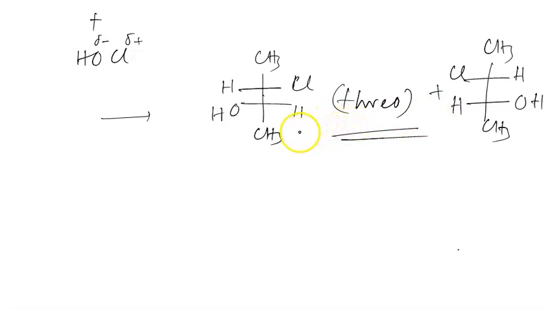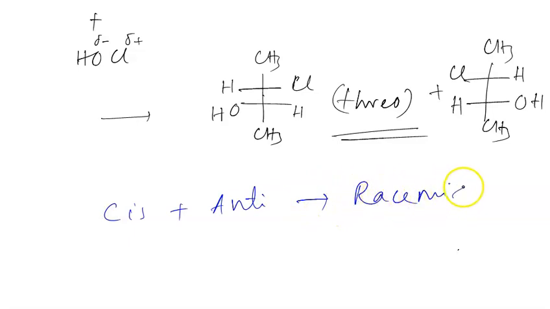You can easily understand. So in this way, if our alkene is cis, we can take C for cis, and addition is anti, then the product is racemic.